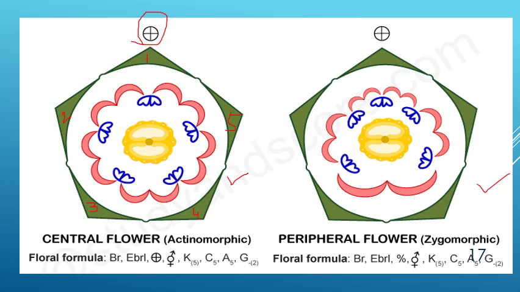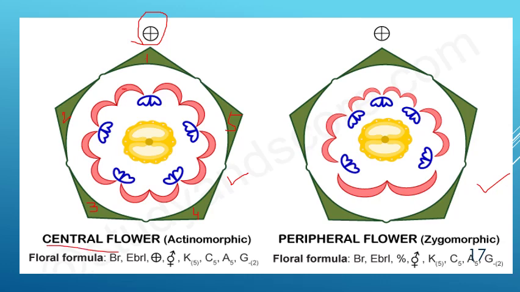The next word is corolla. So here the pink shaded structures indicate petals. The number of petals may vary, and in these floral diagrams, as you observe, there is a clear differentiation between the number of petals in the peripheral flower and the central flower.